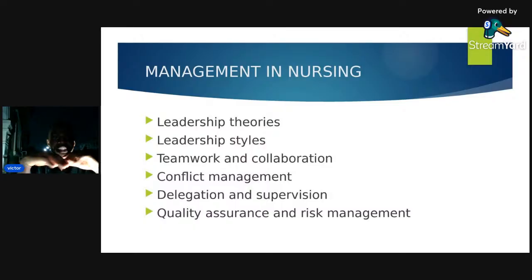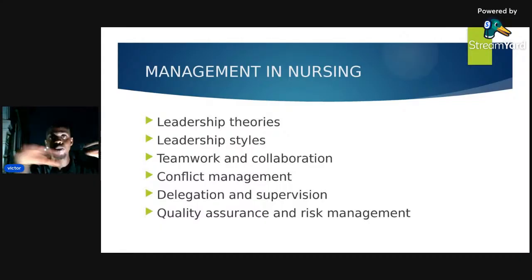So those are the different leadership styles we have. We also have the laissez-faire form of leadership. We also have the transformational leadership, which is the best. Then we also have the transactional leadership. That one is just based on transaction, what you tend to gain from your followers instead of giving, you are receiving. So that is the transactional form of leadership.